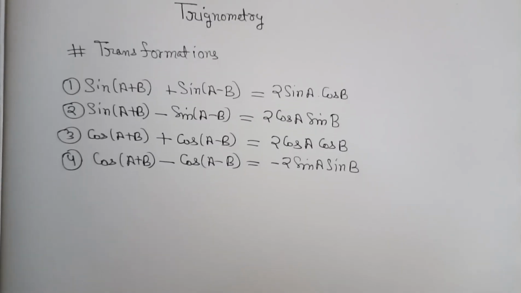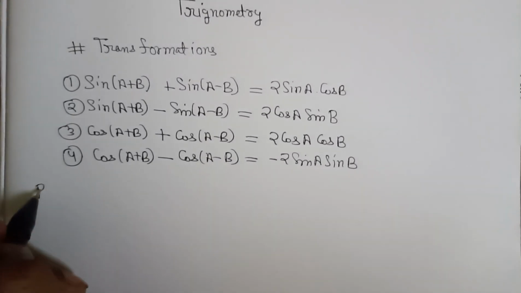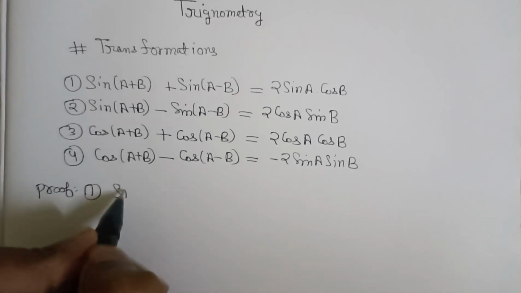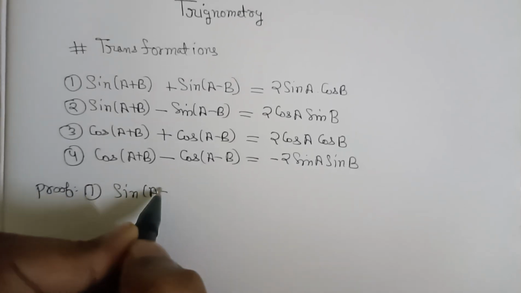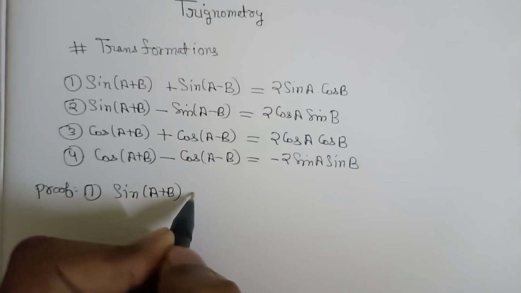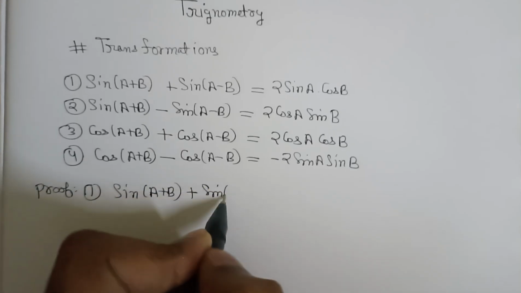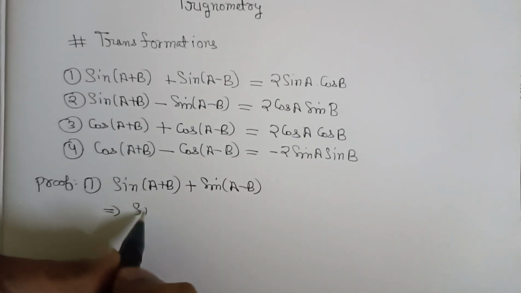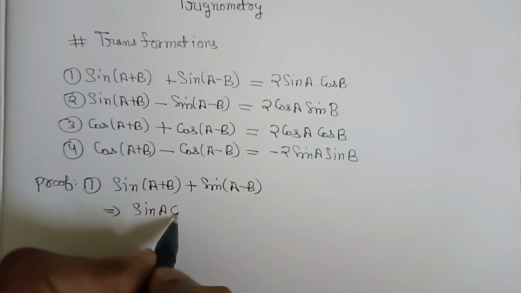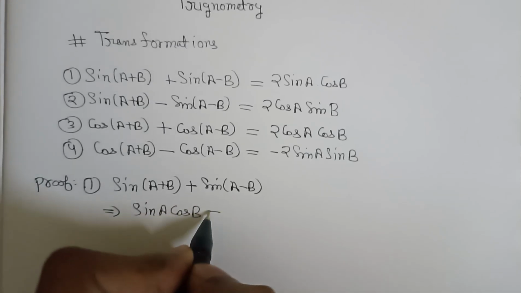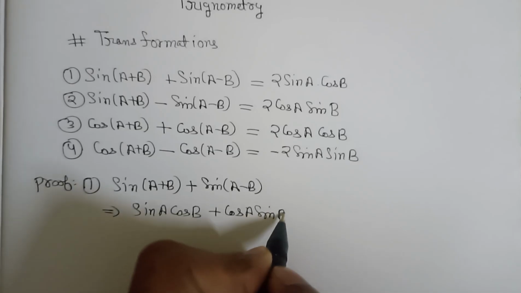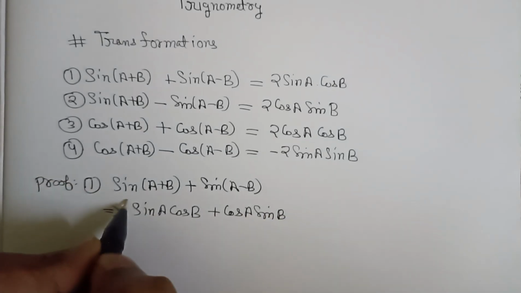How are we getting these formulas? Proof for the first one. We have sin(a+b) plus sin(a-b). The sin(a+b) formula is sin a cos b plus cos a sin b.